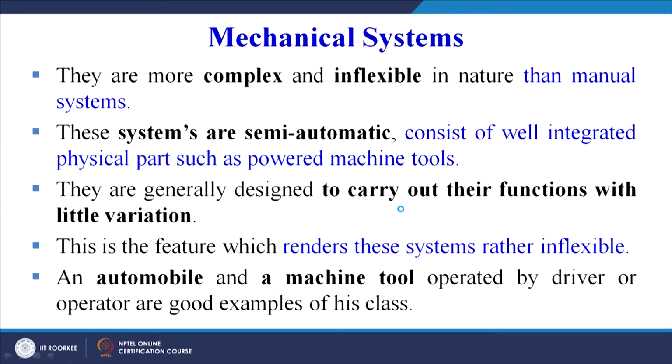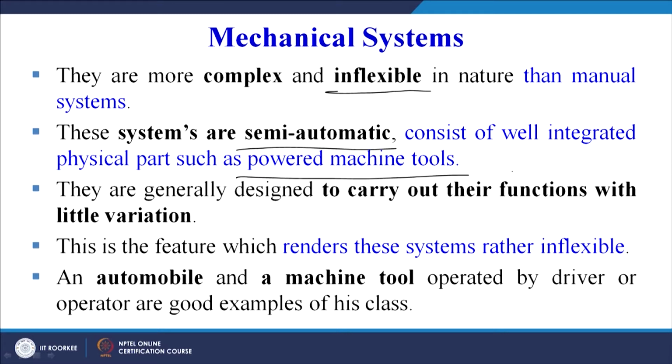The next is the mechanical, or also called the semi-automatic system. They are more complex and inflexible, opposite of flexible in nature, than the manual systems. These systems are semi-automatic, consisting of well integrated physical parts such as powered machine tools.